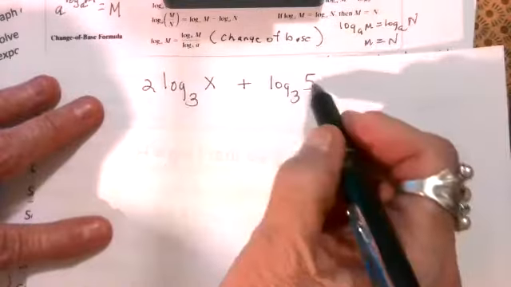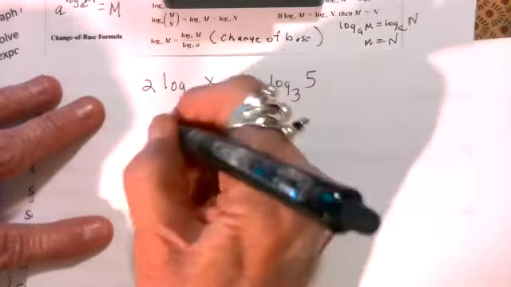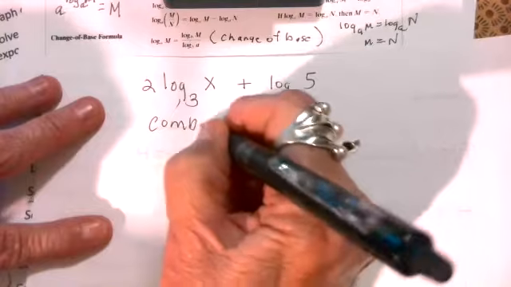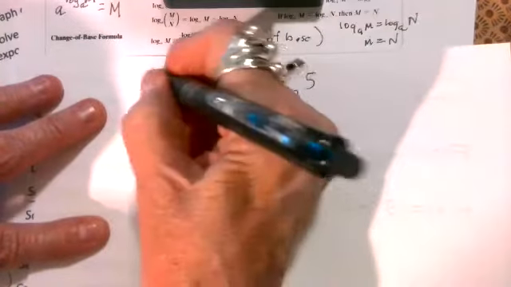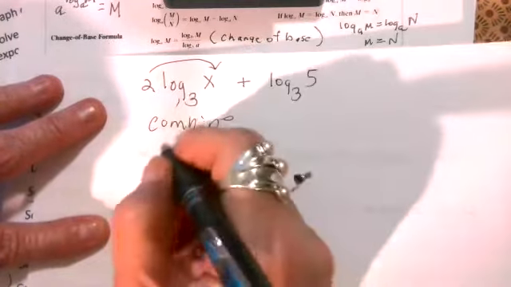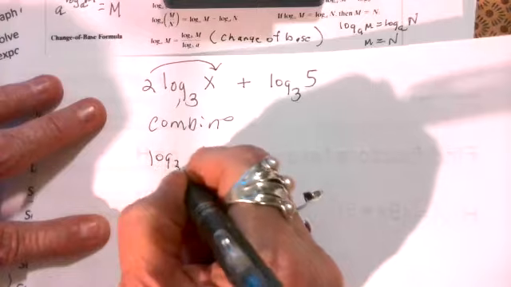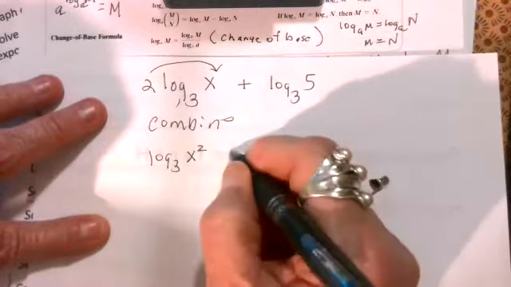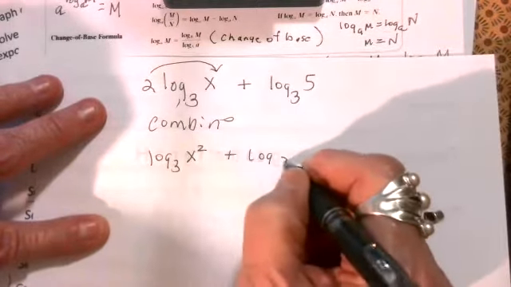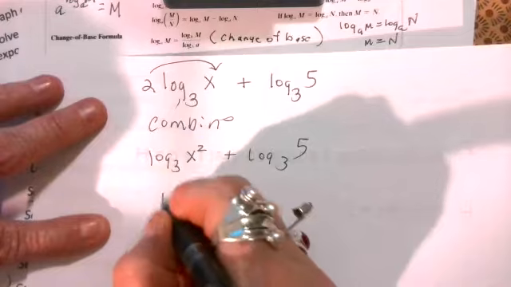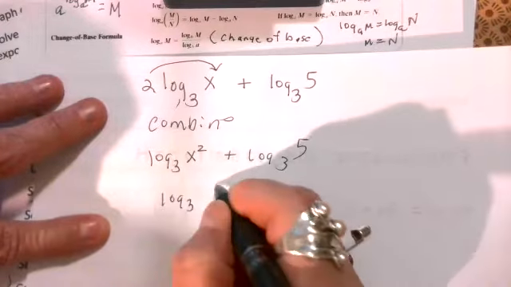Before we put these together, since we're supposed to combine into a single log, you need to make this exponent go back up. So that would be log base 3 of x squared plus log base 3 of 5, and then you can put them together: log base 3 of 5x squared.